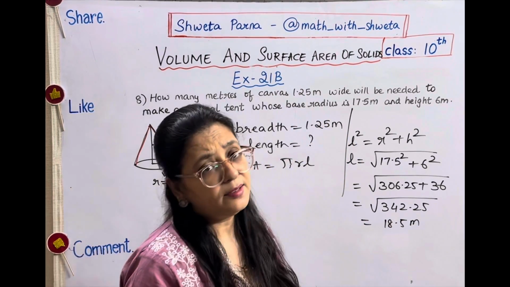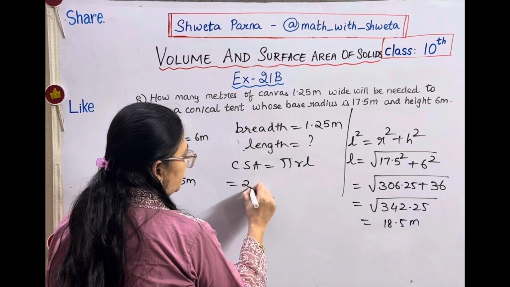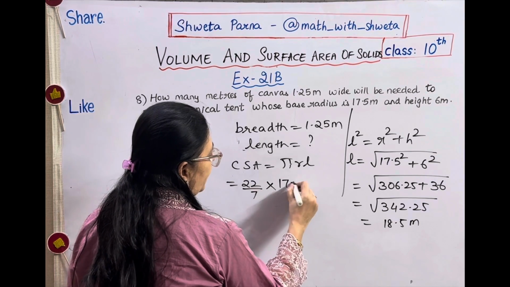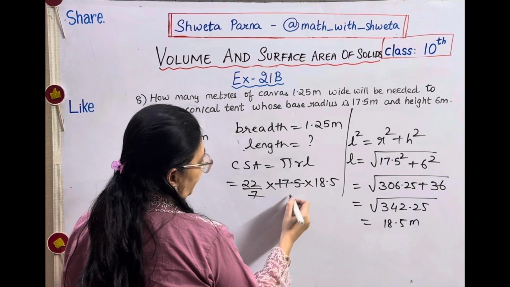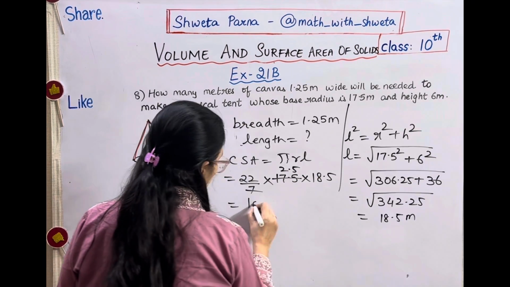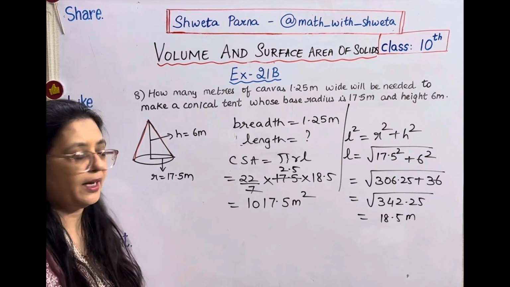This is the slant height. Now let's find the curved surface area. It is pi r l, which is 22/7 into 17.5 into 18.5. 7 twos are 14, and so on, 1017.5 meters square, since it is area.